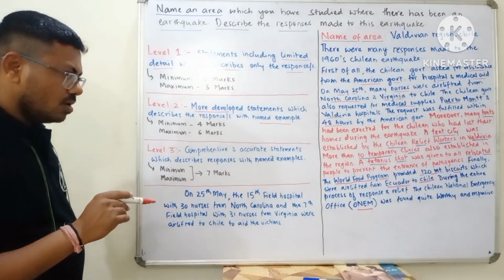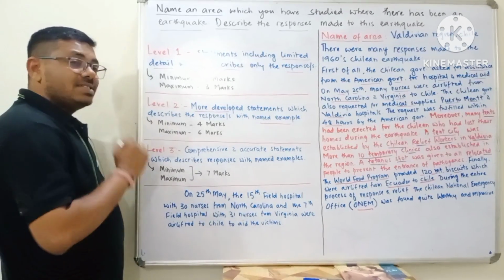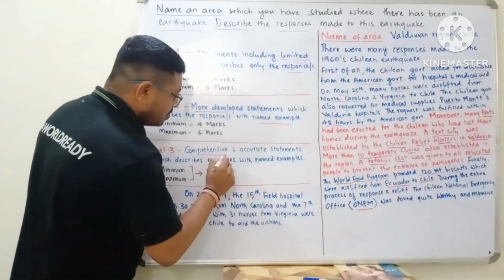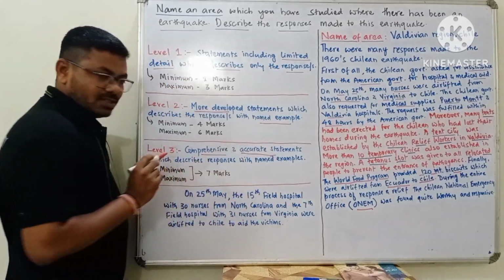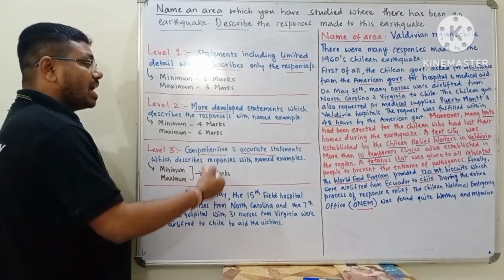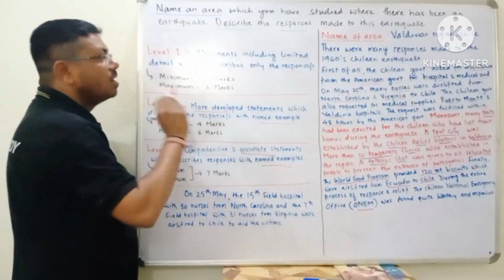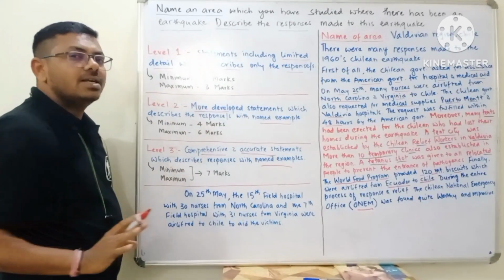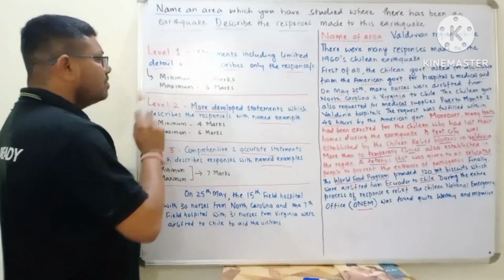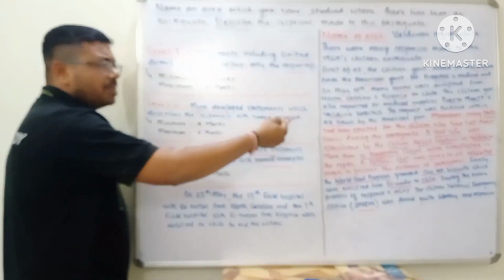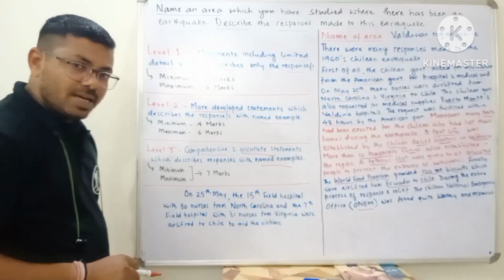Okay. Level 3 says comprehensive and accurate statements which describe responses with named examples. So see the difference now. Here in level 1 only limited detail was given. In level 2 more developed statements and named examples are added.